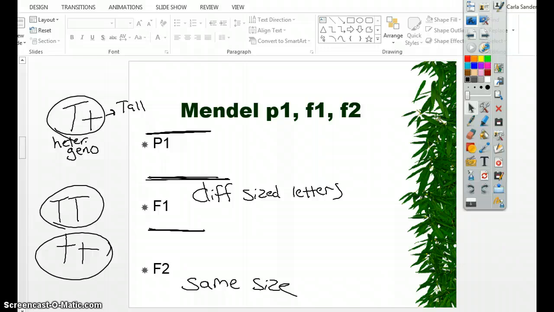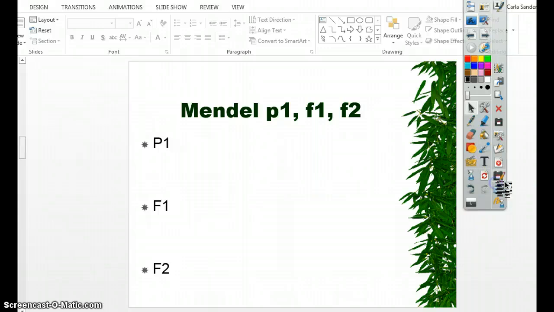Okay, one last quick review of what Mendel did with his peas. And I'm probably just going to stick with height, even though I could use another one of his traits. So we're going to start with the P1 cross. Remember, we're crossing, we're breeding. He took the pure talls with the pure shorts.